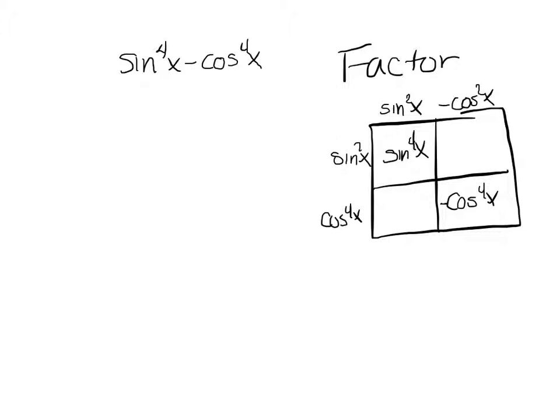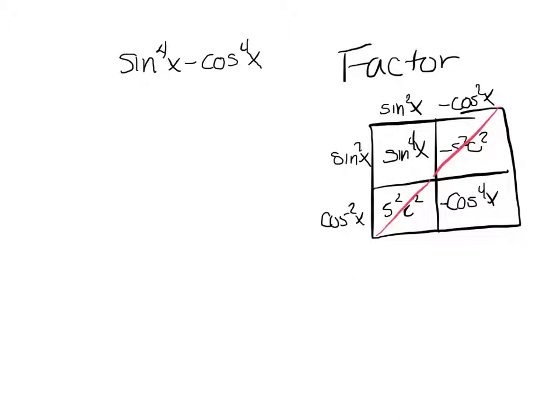Because then what you'll see is in these boxes, if you were to actually multiply, I'm just going to simplify that. Oops, this is not to the 4th, it's squared, right? So sine squared, cosine squared. If I put those there, we have a sine squared cosine squared and a minus sine squared cosine squared. They'll cancel each other out, so it works out.